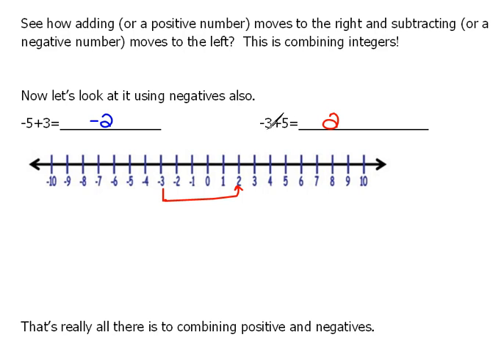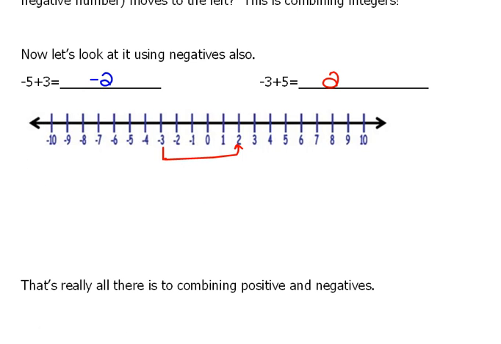And again, you can think about it as money also. If you're short $3 and somebody gives you $5, well, now you've made up for that shortage, plus you have $2 extra. That's really and truly all there is to combining positive and negative numbers.